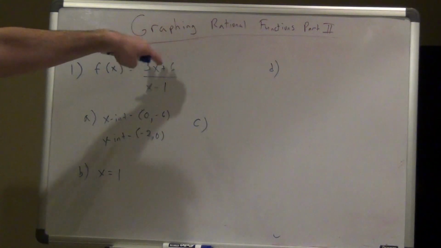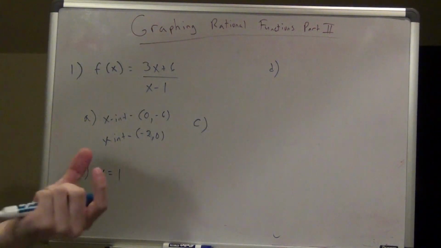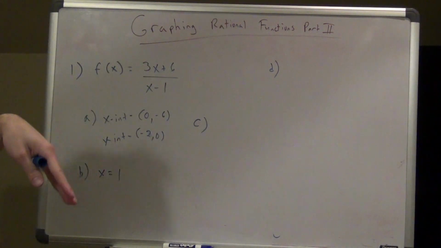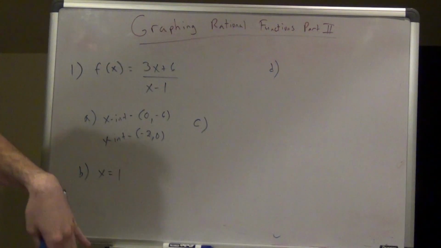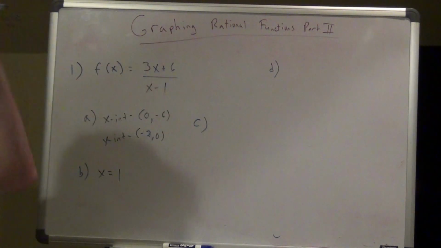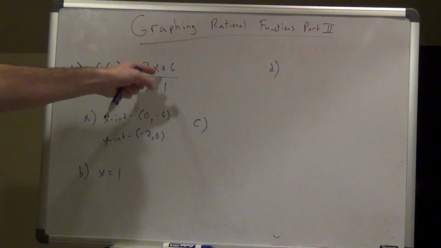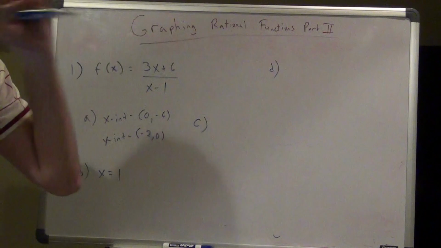Then that means N would be 0 because there's no variable up there with a power. So if there's no variable at the top and there's a variable at the bottom, that means N would be less than M, and so the x-axis is the horizontal asymptote. If the highest power variable is less on the top, which if there's just a whole number it's 0, then the horizontal asymptote is the x-axis.